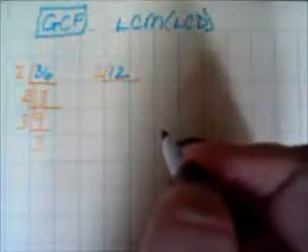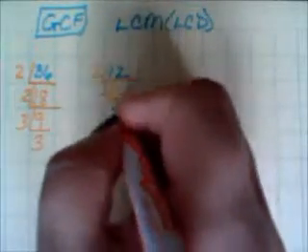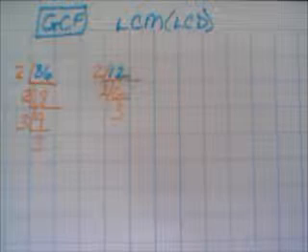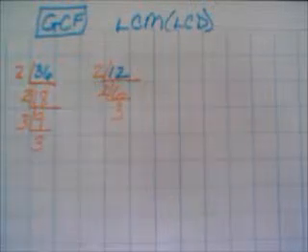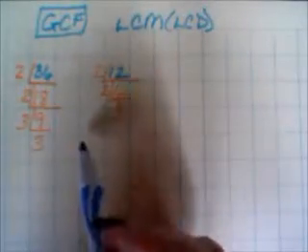Okay, over here I'm going to take 12. I'm going to divide by 2 because it's the smallest prime number again, and I get 6. Now I'm going to divide that by 2 again. 6 divided by 2 is 3. Okay, at this point I am finished. All right, now the way to find the greatest common factor for this is we're going to take the factors that both of these have in common.